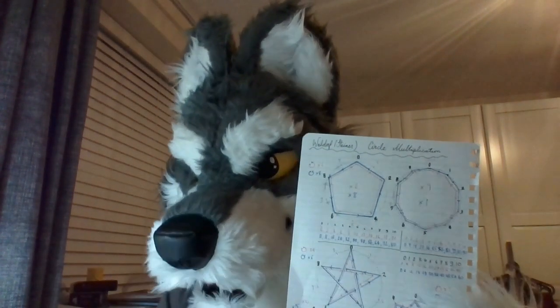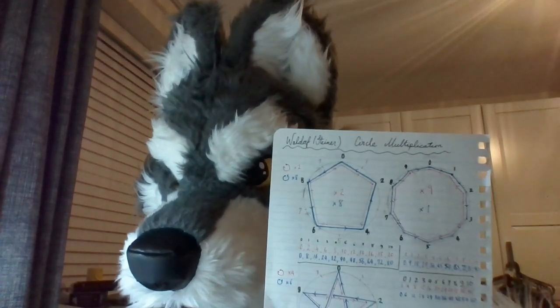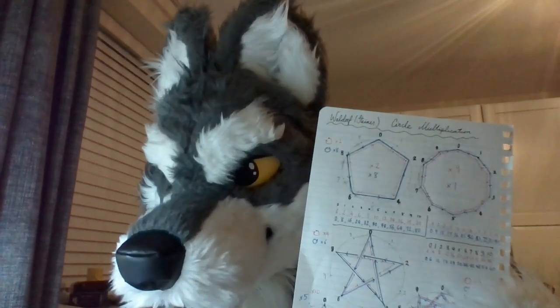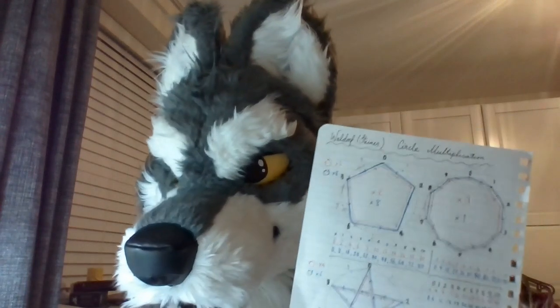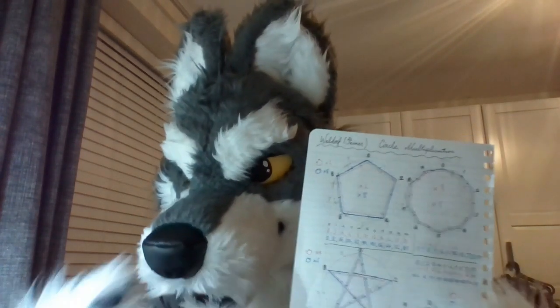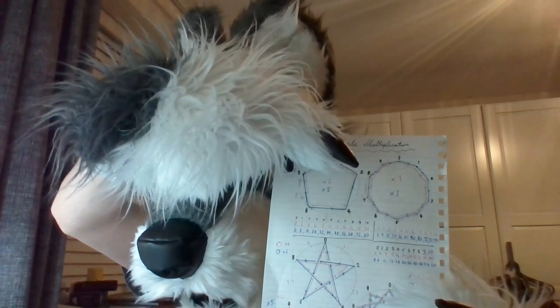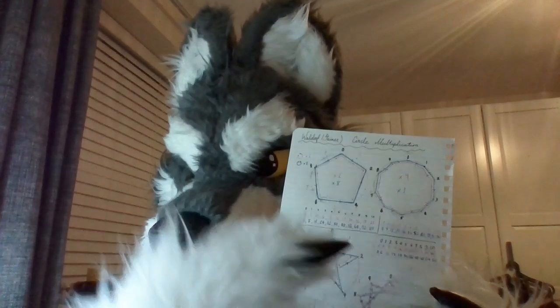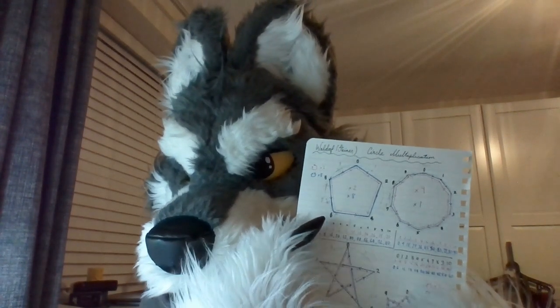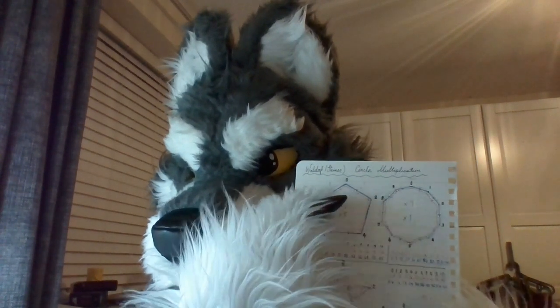So this is for your 2's times table and your 8's times table. You'll see here that the digits are 0, and then 2, 4, 6, 8, 0.